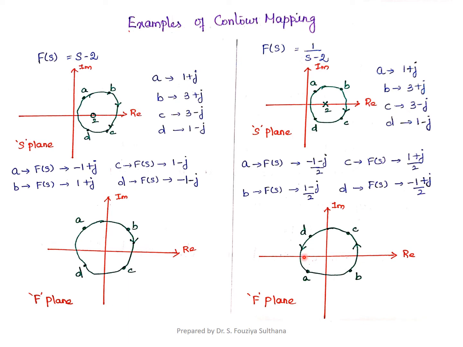So when a zero is encircled by a contour, it will have an encirclement about the origin in the clockwise direction, and when a pole is encircled by a contour, it will have an encirclement about the origin in the anti-clockwise direction.